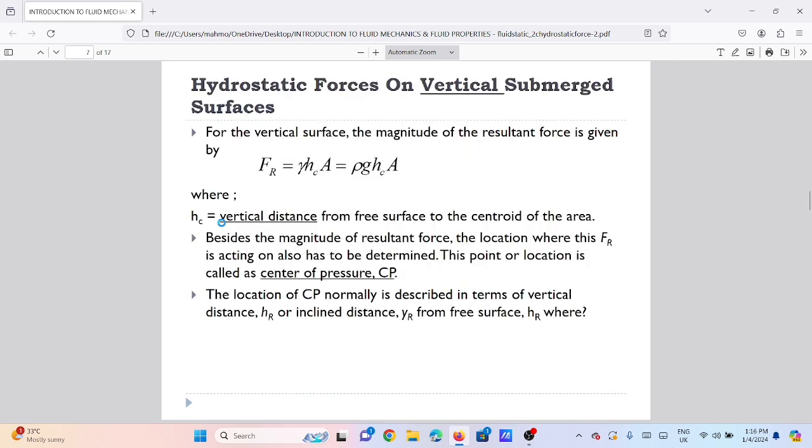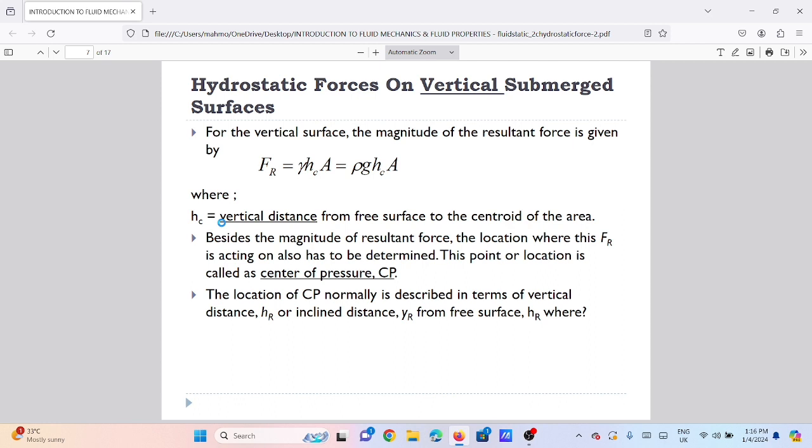Hydrostatic force on the vertical submerged surface. For the vertical surface, the magnitude of the resultant force is given by FR equals gamma hc times A, where gamma is rho g, and hc is the vertical distance from the free surface to the centroid of the area. Besides the magnitude of the resultant force, the location where this FR is acting also has to be determined.